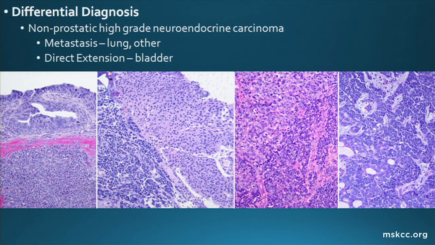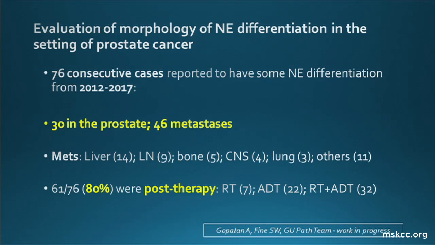But in this particular site, and in the case that we've shown, this TUR of the bladder, is it prostate or bladder origin? And of course, you want to look for, from left to right, urothelial carcinoma in situ, high-grade papillary urothelial carcinoma, an adjacent invasive urothelial carcinoma, NOS, or an adenocarcinoma or other divergent differentiation, as you would see in the bladder. But we didn't have any of that in our case.